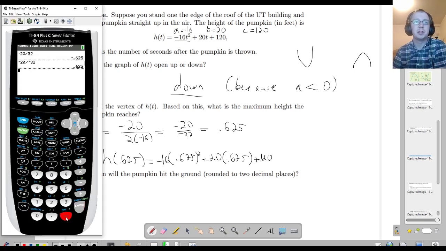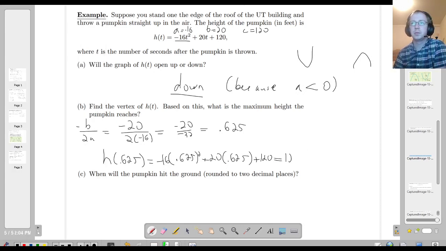I definitely want the calculator to help with this because those are gross numbers. Once I plug all that in, I'm ending up with 126.25. So the answer to the question, find the vertex, is this point right here. Here's the x-coordinate. Here's the y-coordinate.